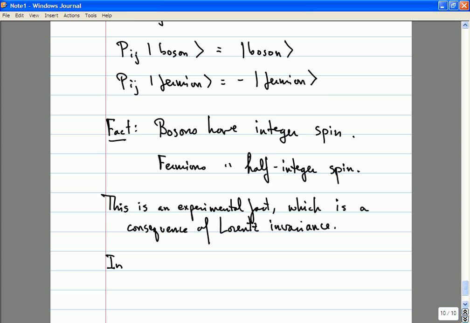But in lower dimensional systems, such as if you were studying electrons confined to a plane, as would appear in condensed matter systems, such as in the fractional quantum Hall effect, the effective excitations of the system can have more complicated statistics.